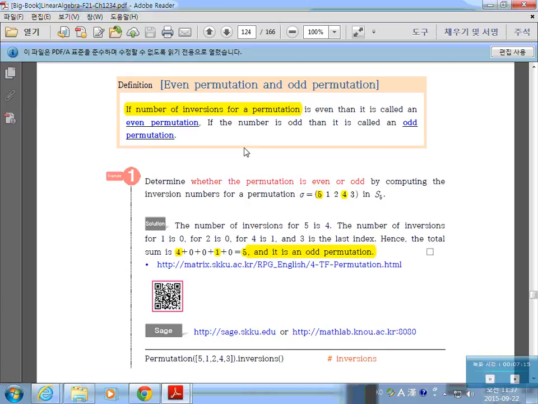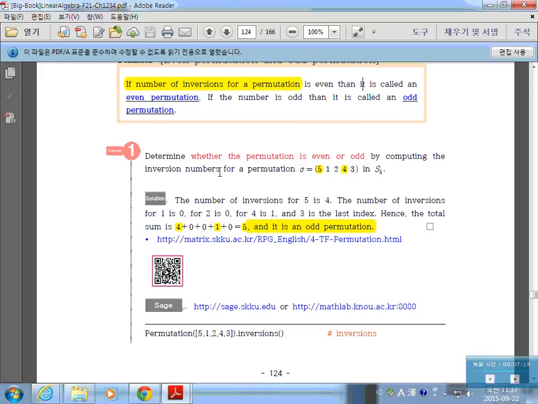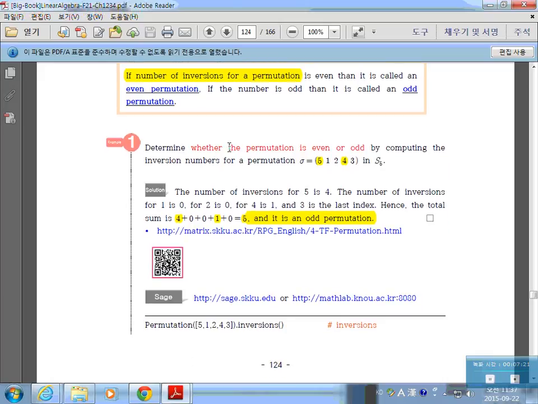I explained those concepts a little more, and now we see some examples. Here, determine whether the given permutation sigma in S5 is even or odd by computing the inversion numbers. What's the number of inversions for 5?